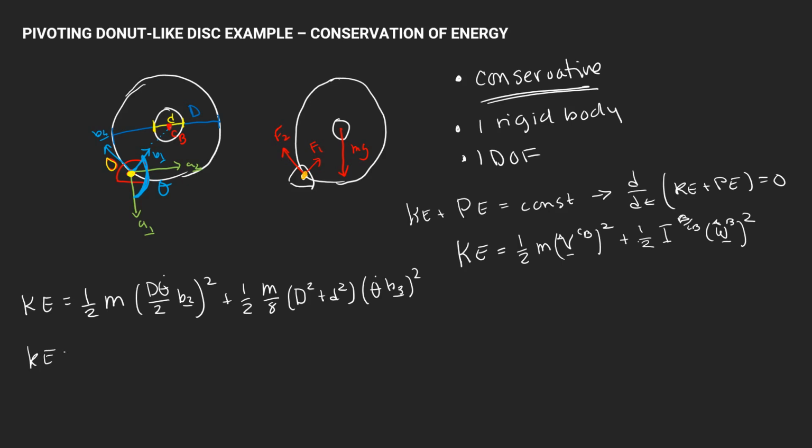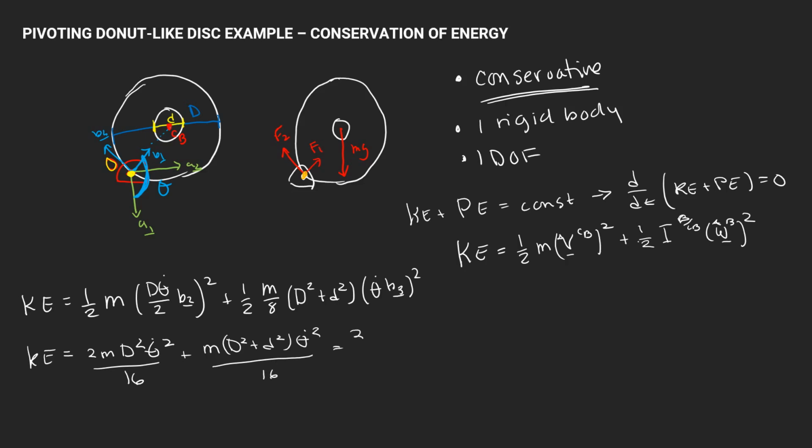And then this simplifies down to 2 m d squared theta dot squared over 16, plus we can write this as m D squared plus little d squared theta dot squared over 16.